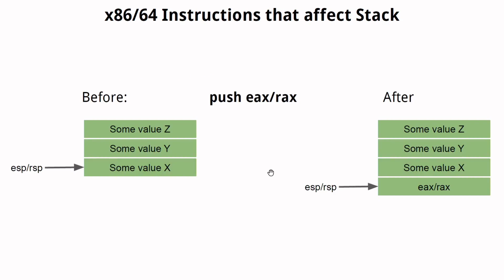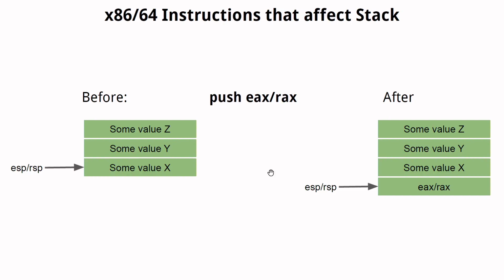The instruction we are about to execute is push EAX or push RAX. Before we execute this instruction, the memory looks like this, left-hand side. This is our stack. Higher on top is higher address, on bottom is lower address.